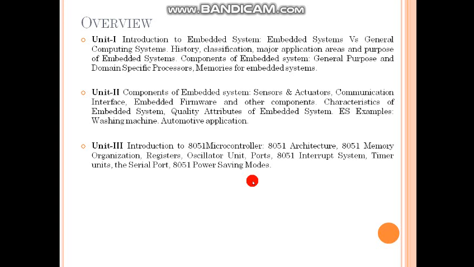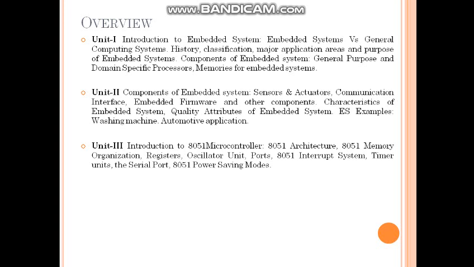In unit number 3, we discuss the introduction to 8051 microcontroller. In unit numbers 1 and 2, we discuss some basic parts of the embedded system. After completing the basic part, we switch to unit number 3. In unit number 3, we discuss the controller, that is the microcontroller available in the embedded system, that is the 8051 microcontroller.